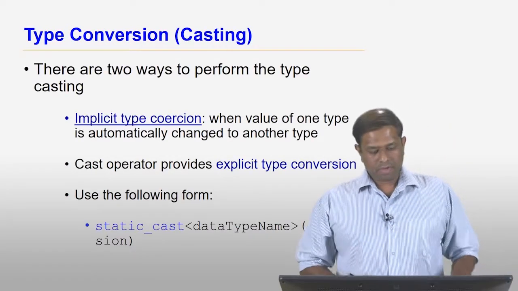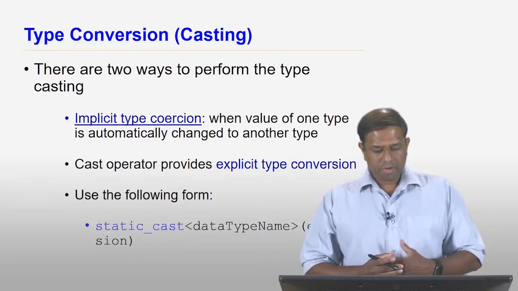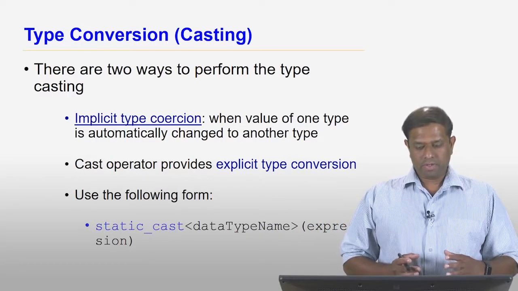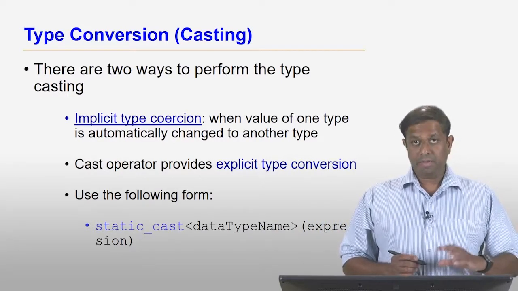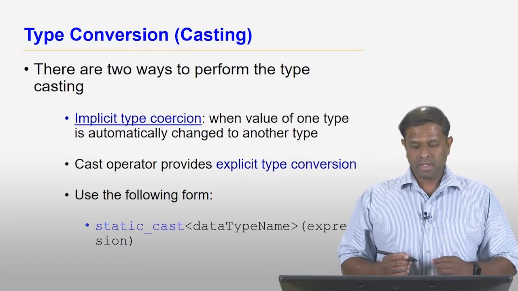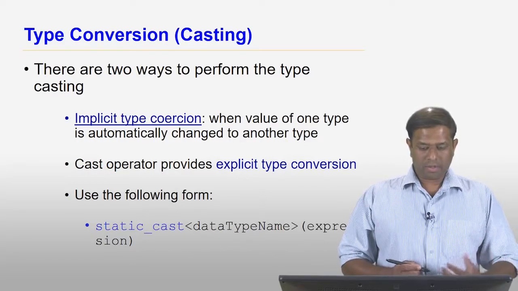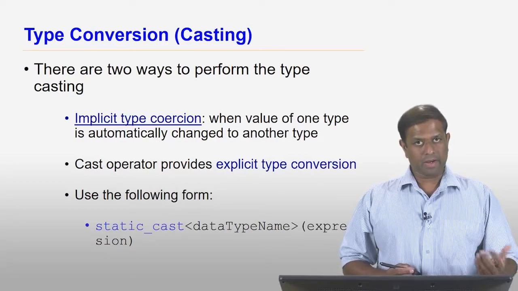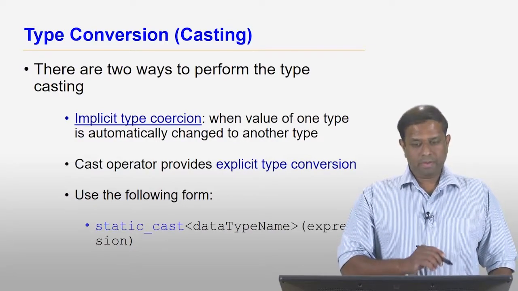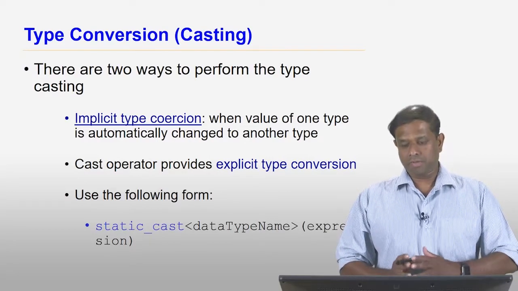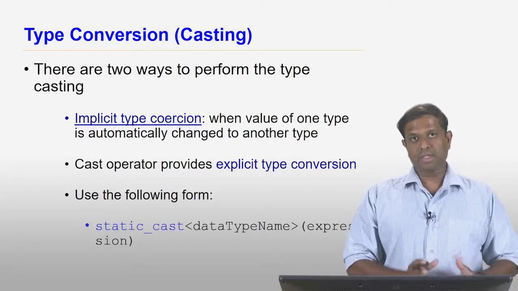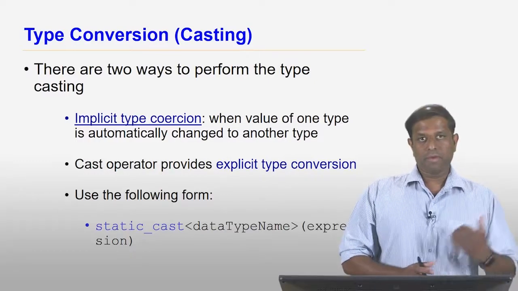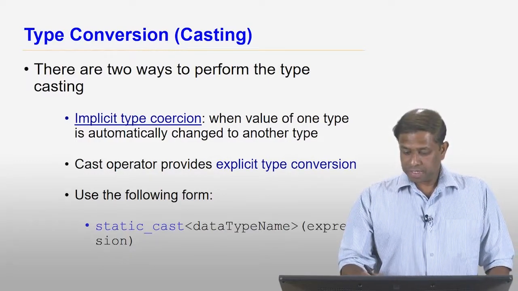All right. When we talk about implicit type conversion, we know that the compiler automatically does the conversion in the expression, so it happens implicitly without the programmer explicitly specifying it. However, if the programmer really wants to explicitly convert one data type to another, such as a double value to an integer where we lose the decimal portion, we still can do that.